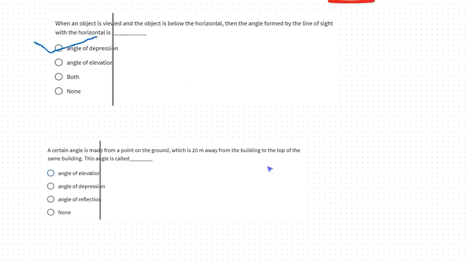Now the angle of elevation question. A certain angle is made from a point on the ground, which is 20 meters away from the building, to the top of the building. He is looking at the top, the angle of elevation.